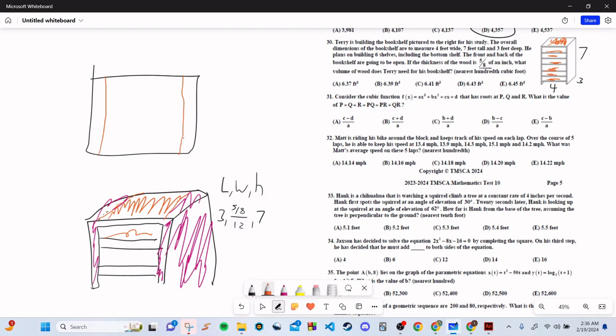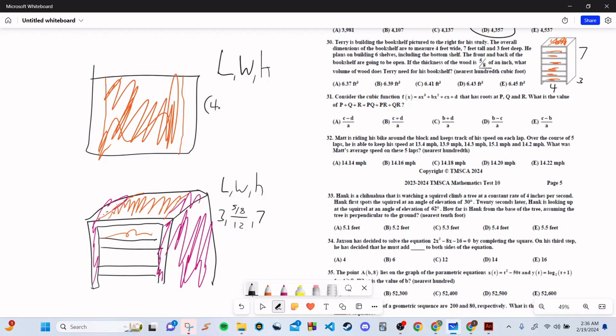And these pieces are going to have a length of 4 minus, because again, this whole thing is 4, but the thickness of the wood here is 5/8 of an inch.